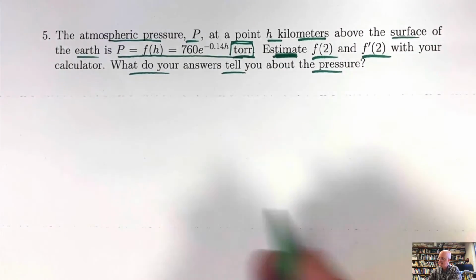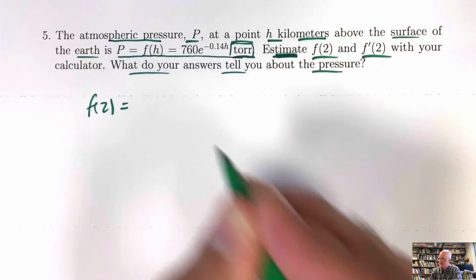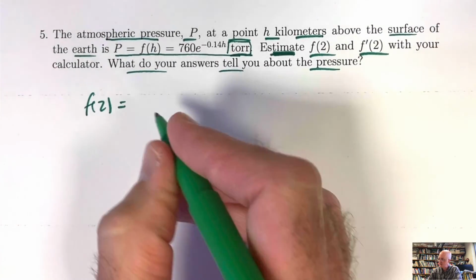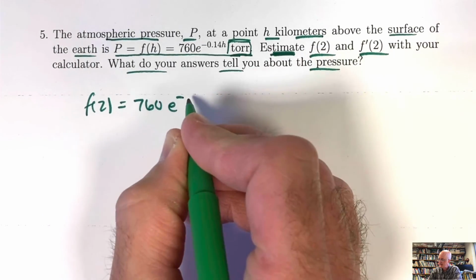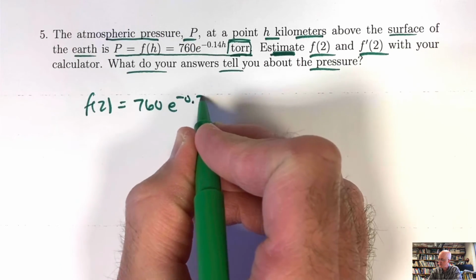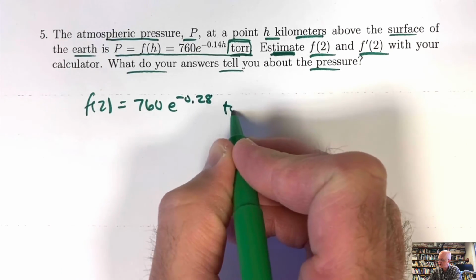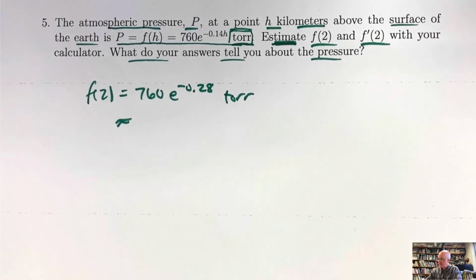Okay, so f of 2 itself, this is just a plug into the function problem, is 760 times e to the negative 0.14 times 2. It's going to be negative 0.28. Probably best to approximate that. We are estimating it.